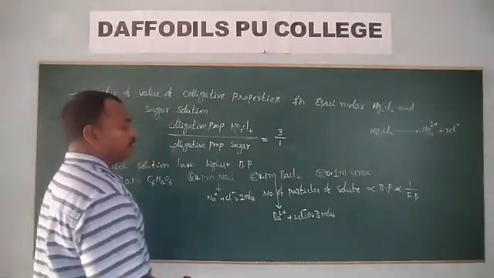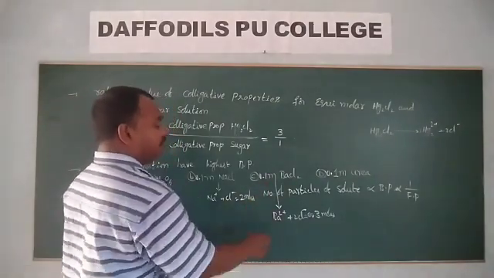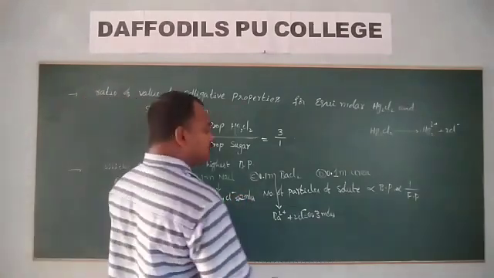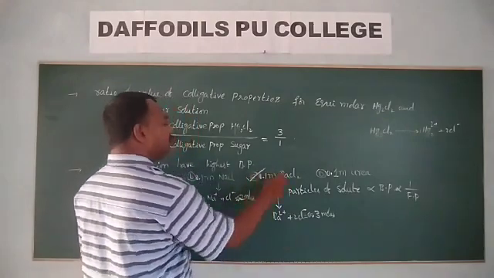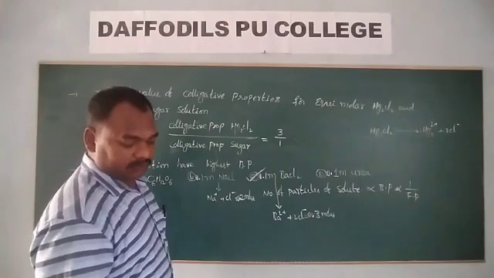In which one are you going to get the most particles? Barium chloride, where you see 0.3 moles of particles. So the highest boiling point is observed in 0.1 molar barium chloride.